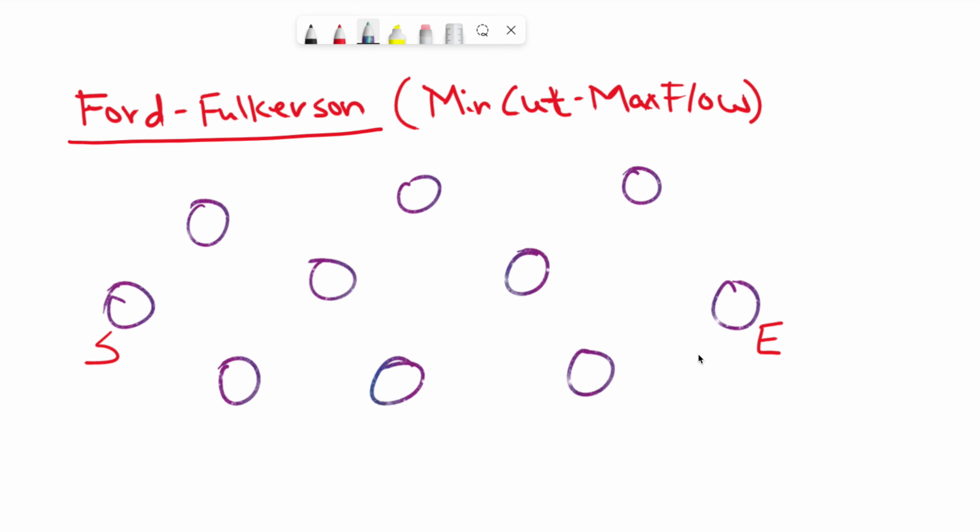So now what we're going to do is in the graph, we are going to have directed edges, which represent how much flow can happen from node to node. So let's say a flow of 3 can happen from this one to this one, a flow of 5 can happen from this one to this one, a flow of 7 can happen here, maybe a flow of 2 can happen here, maybe a flow of 4 can happen here.